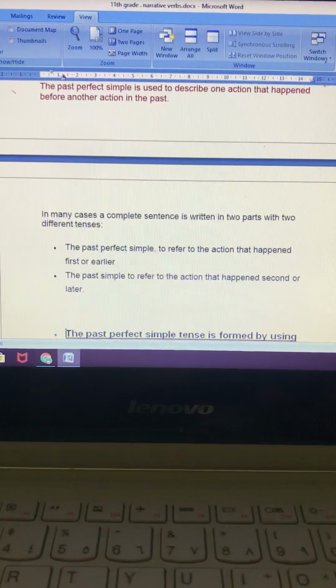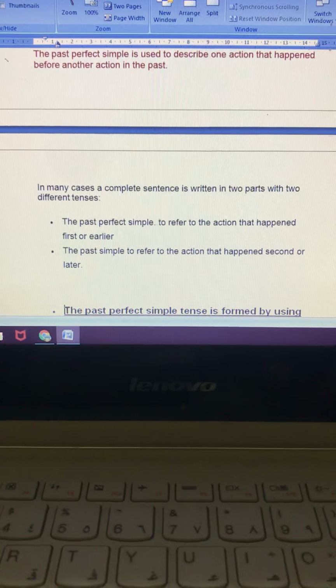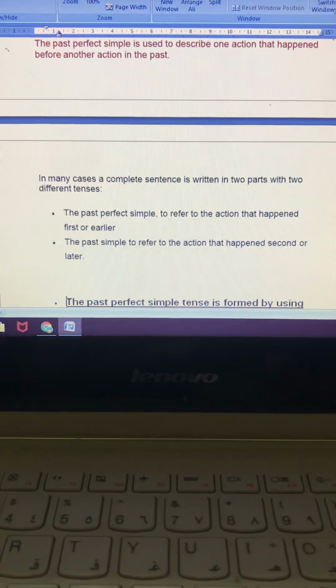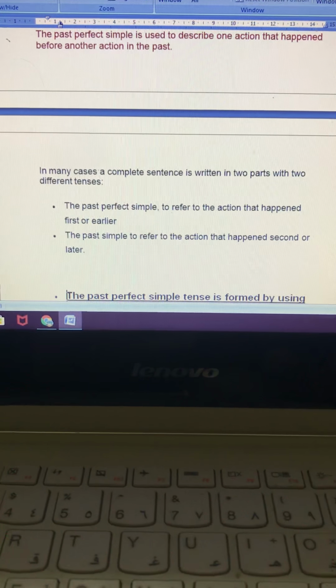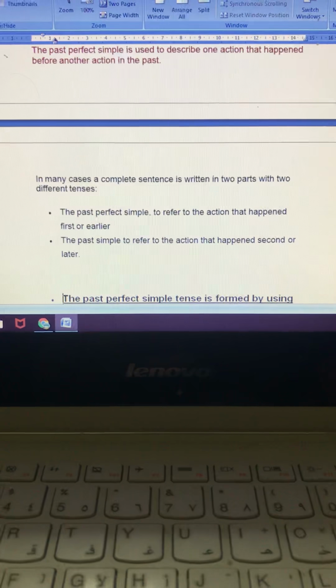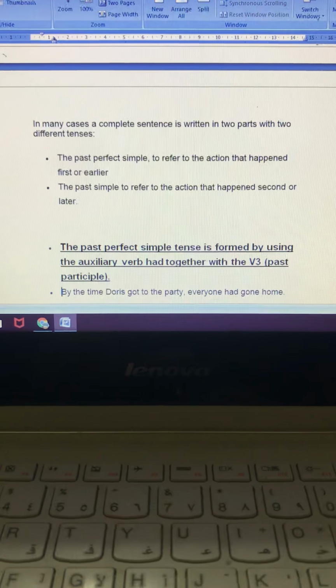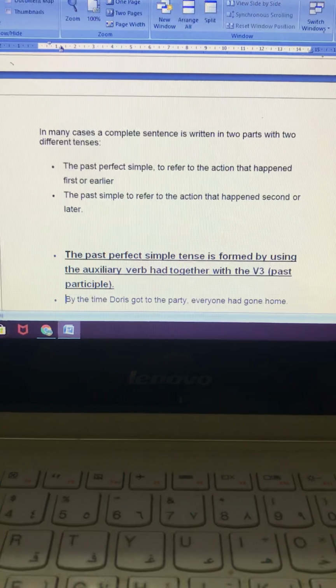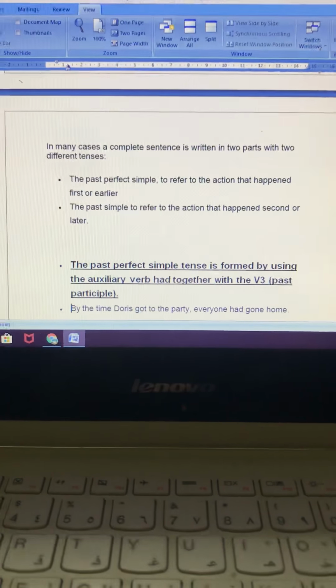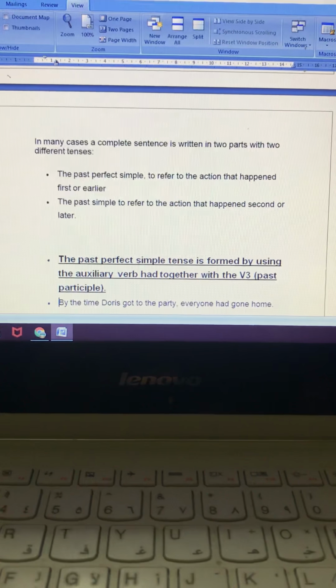Which means in many cases a complete sentence is written in two parts with two different tenses. The past perfect is used to refer to the action that happened first or earlier. That's what I was talking about. You have two actions. Both of them are in the past. بس في واحد صار قبل التاني. اللي صار قبل بيكون بالماضي التام.